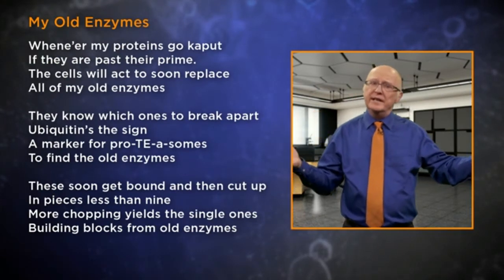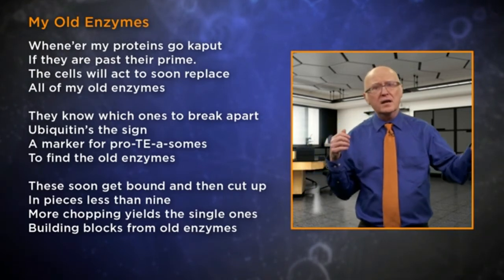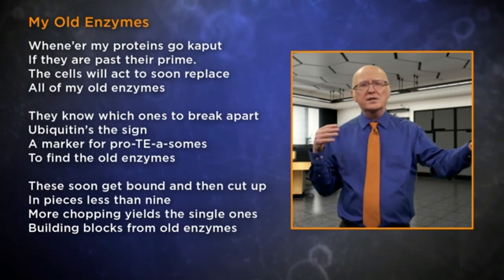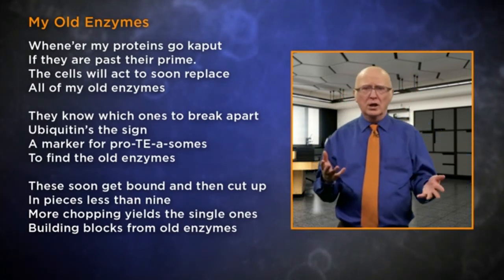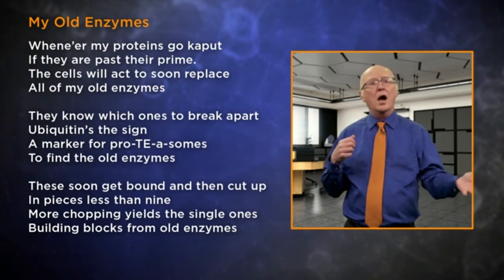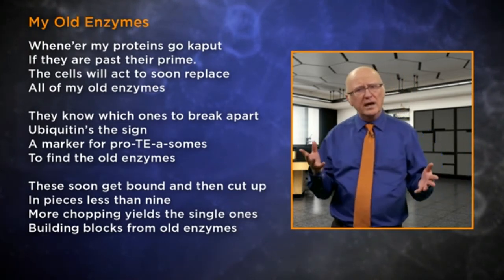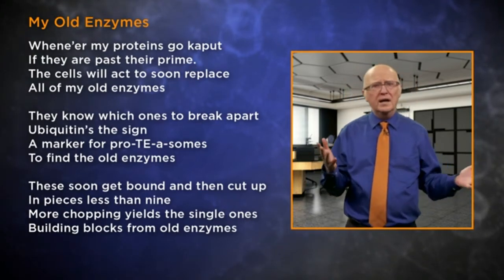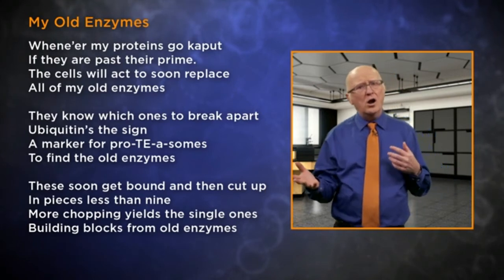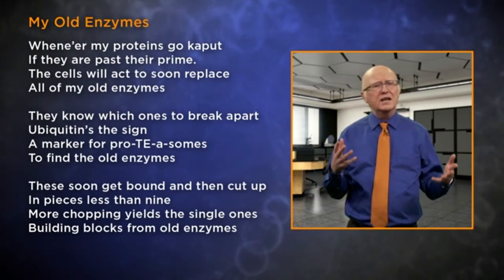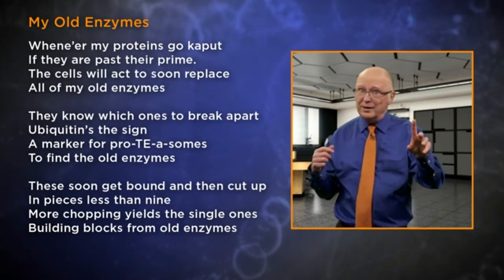Whene'er my proteins go kaput, if they are past their prime, the cells will act to soon replace all of my old enzymes. They know which ones to break apart. Ubiquitin's the sign, a marker for proteasomes to find the old enzymes.